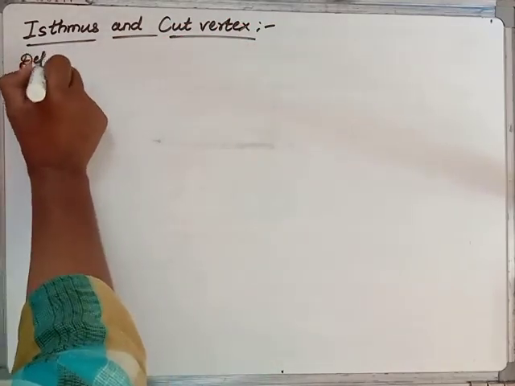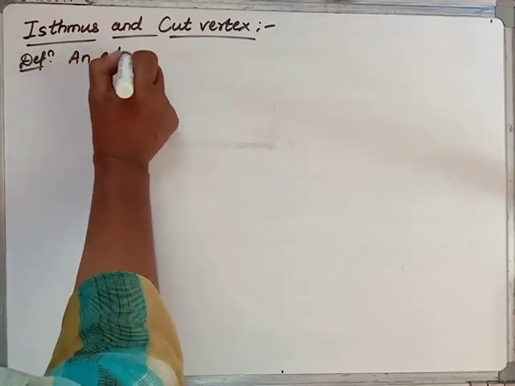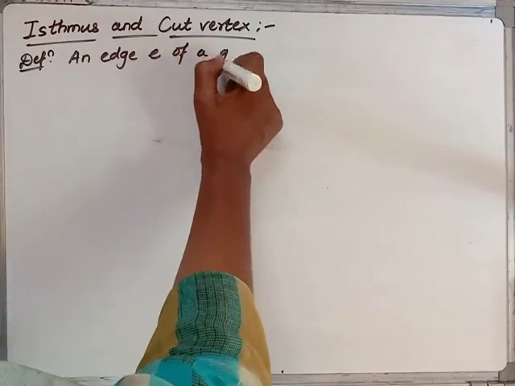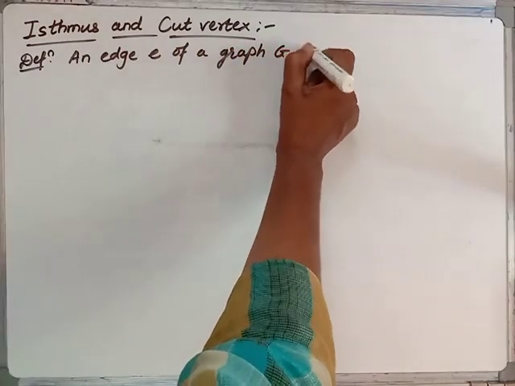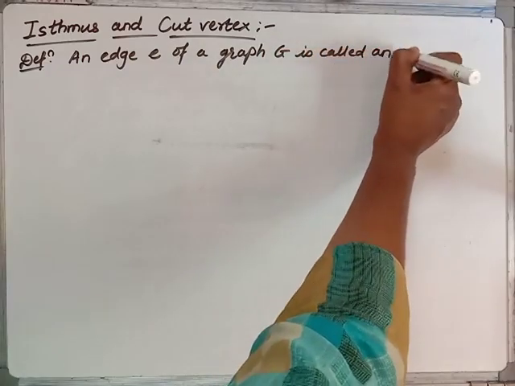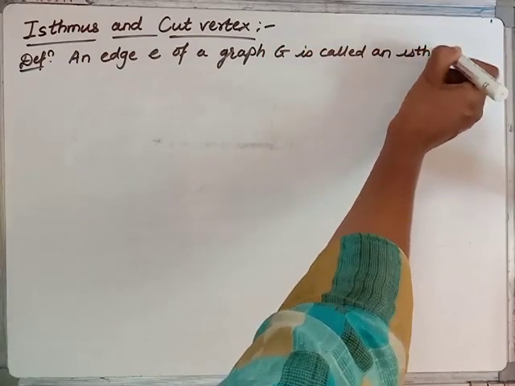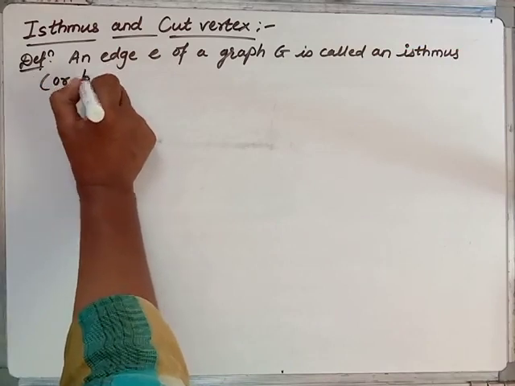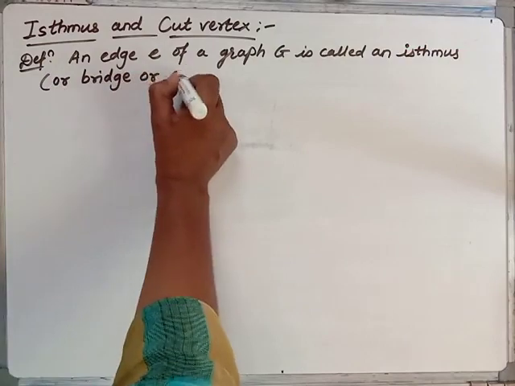Definition: an edge E of a graph G is called an isthmus. Isthmus is also known as a bridge or cut edge.